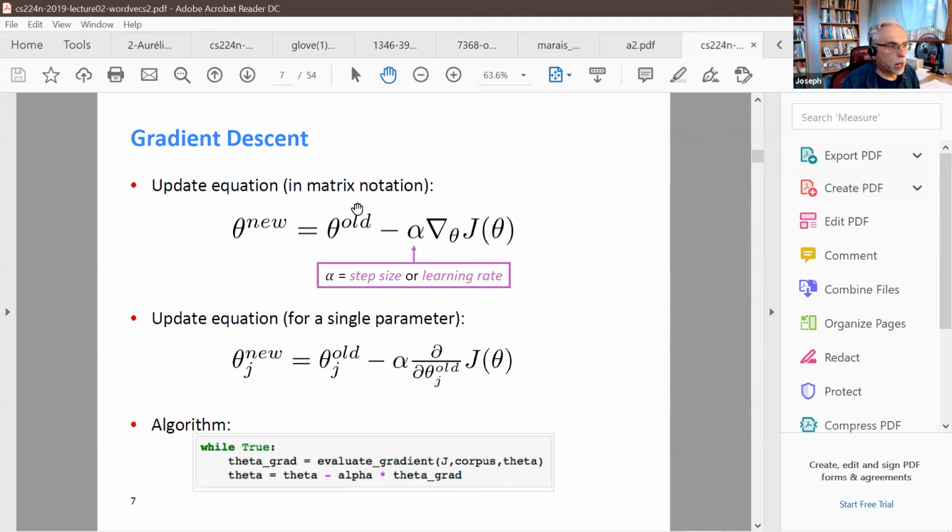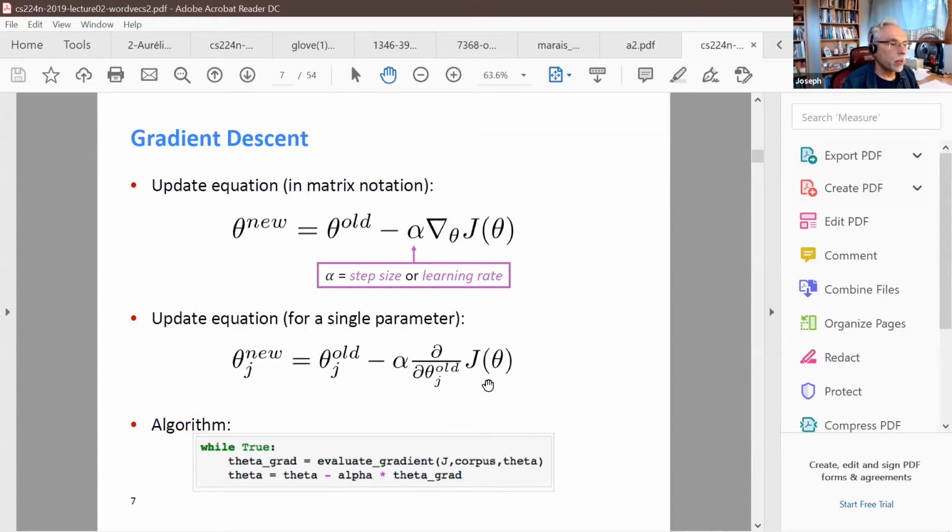Theta old is a column vector. The gradient of the loss function with respect to the thetas is as a matrix. If you're interested in this bit of mathematics, or if you're not familiar with it, do come to the mini review of Jeremy's paper that I'm having, because that's going to go into all the details of this differentiation process. So this tells you the update equation for a single parameter, and this is the algorithm.